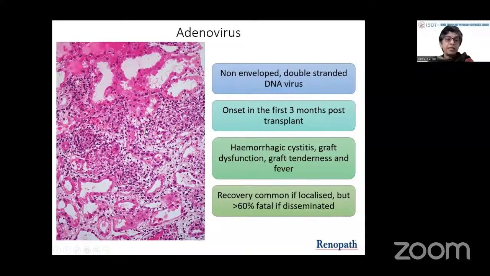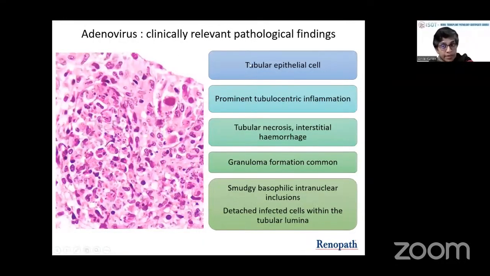But whenever you see a case of pyelonephritis, always rule out whether there's a possibility of an adenovirus causing it. So adenovirus involves the tubular epithelial cells. As we saw, it is a tubulocentric inflammation. The inflammation is localized around the tubules with a lot of necrosis and hemorrhage.